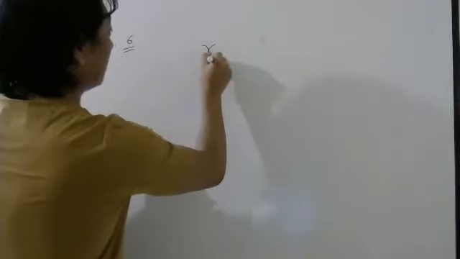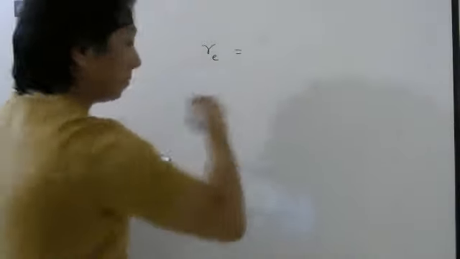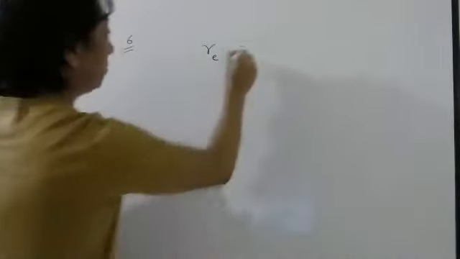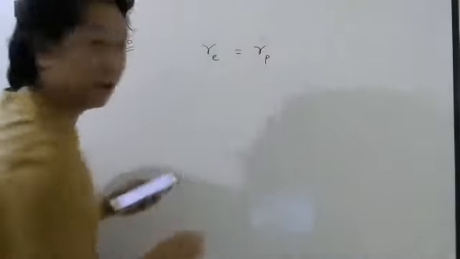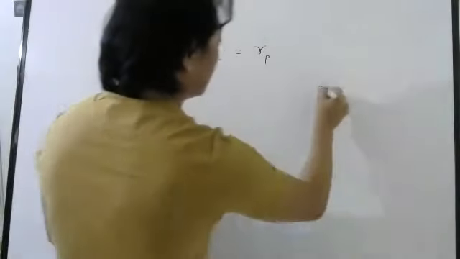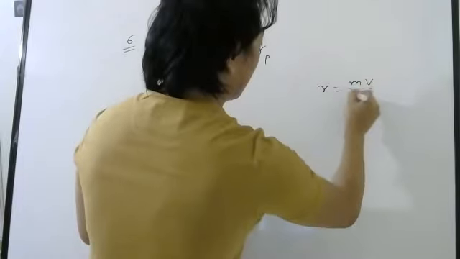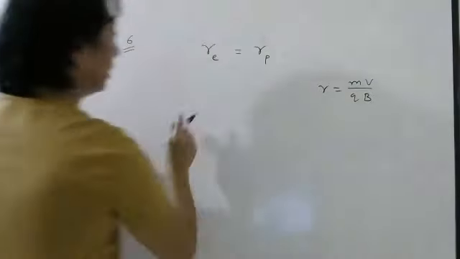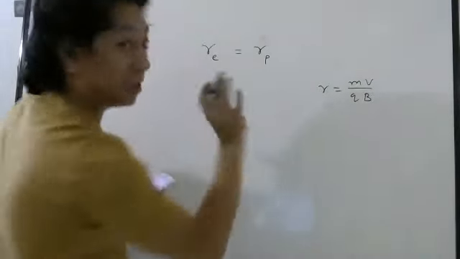So in the question they told radius made by electron should be equal to radius made by proton. What is the formula for radius? mv by qB. So let us write for electron only the magnitude.